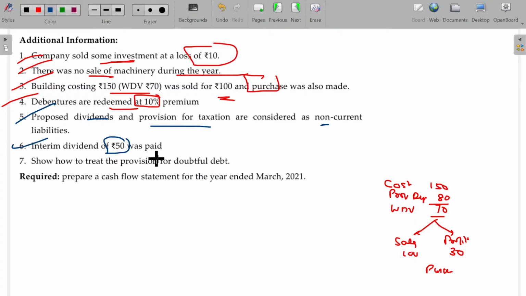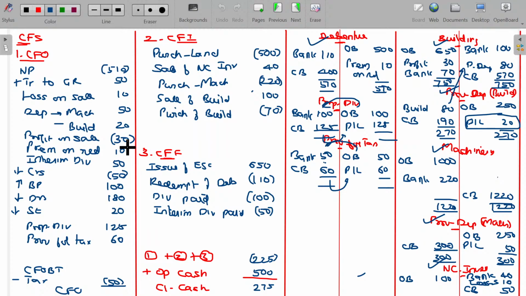This last adjustment, provision for doubtful debts can be skipped. Tally and find out the cash from operations here. 85 before, after 35.